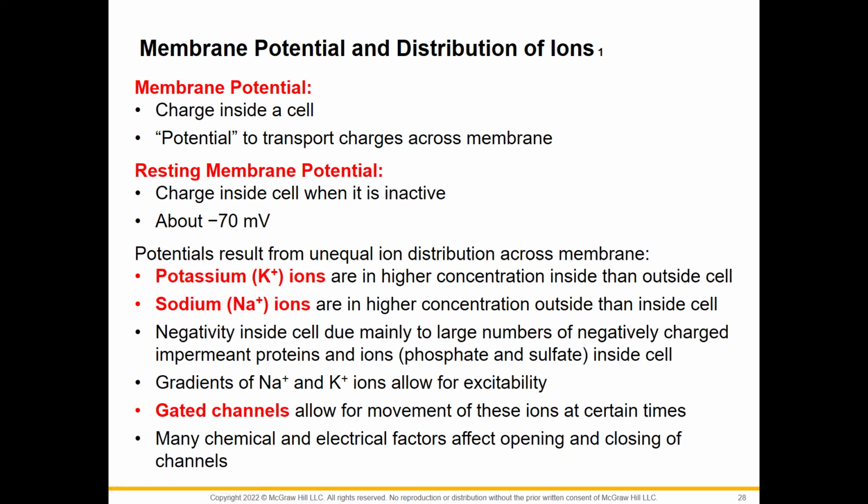So even though you have these ions and proteins on the inside of the cell making the inside more negative than the outside, it is the flow of the sodium and the potassium that is going to allow the cell to be excitable. Gated channels. So channels would be structures that allow certain things to go through them, just like a gate.